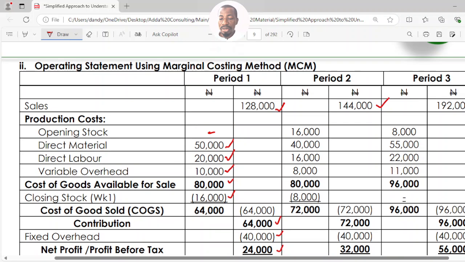I will then move to period 2. Under period 2, the closing stock in period 1 of 16,000 will become opening stock. That's how you are seeing the 16,000 there. Again, the direct material costs, direct labor costs, and variable overhead under absorption are the same. So add those numbers together, that will give us 80,000. Then closing stock in the second period is 8,000 naira.